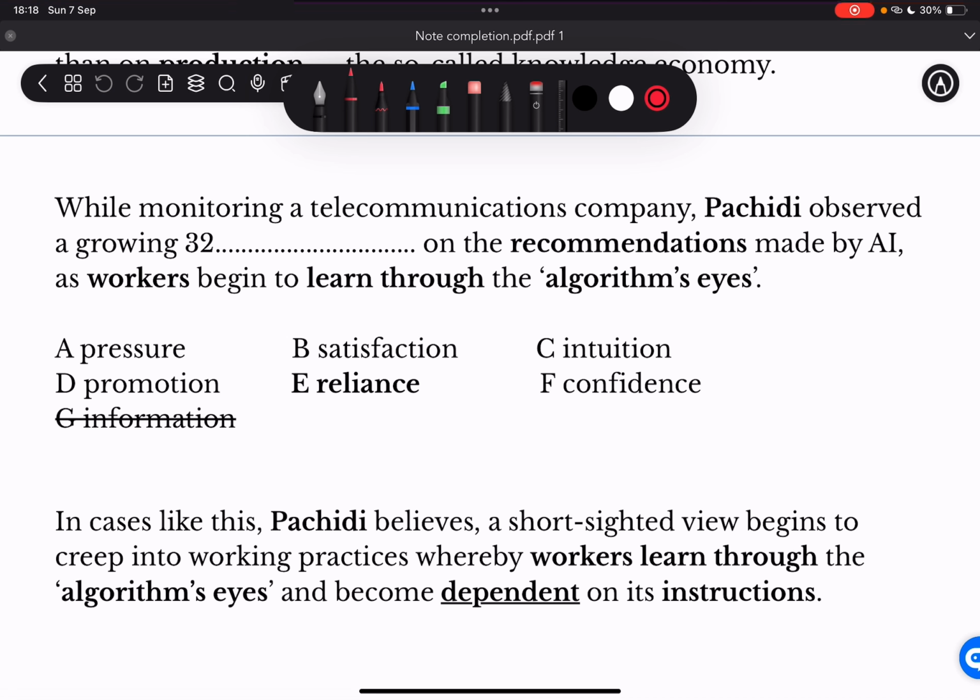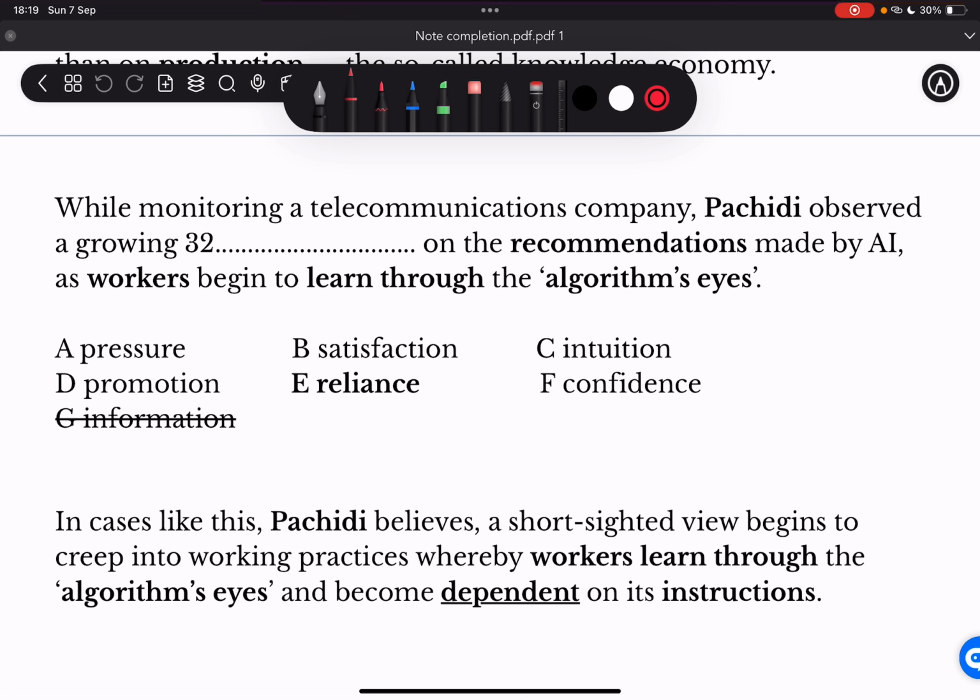And the missing word there is dependence, a growing dependence on, because we actually need a noun, right? In this gap, we have to guess actually before we even jump to the part. But anyway, dependent is an adjective, but what we need is a noun.